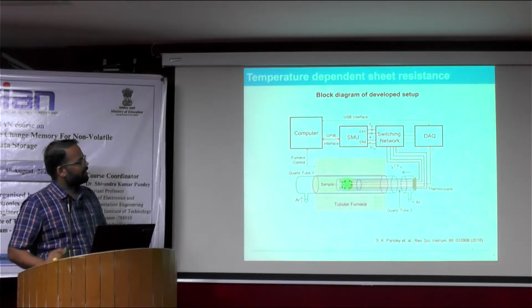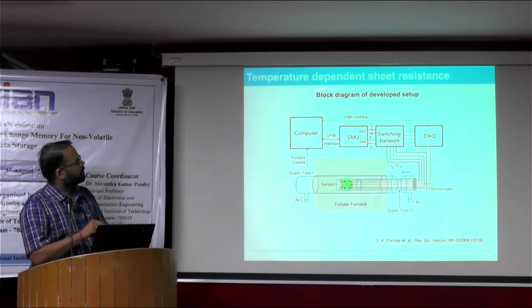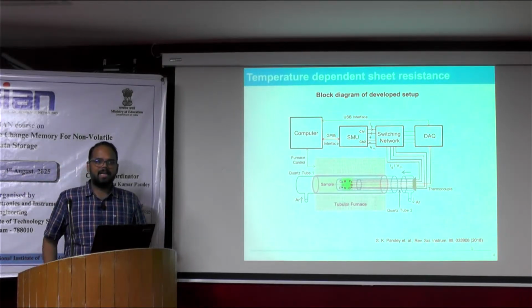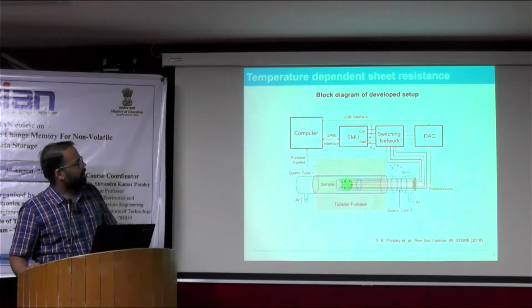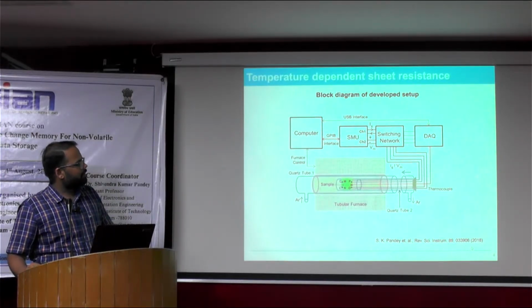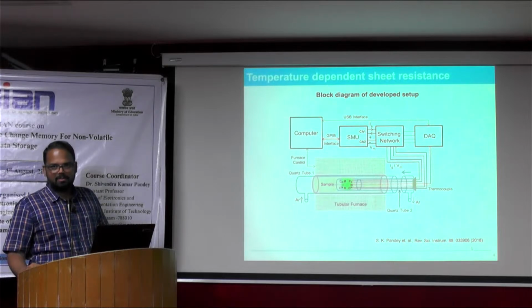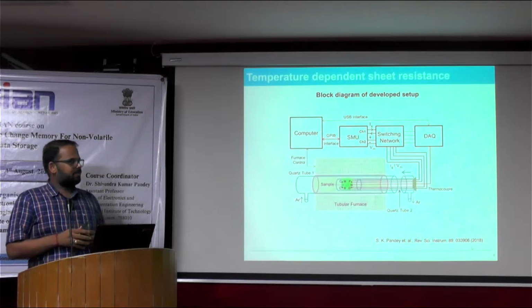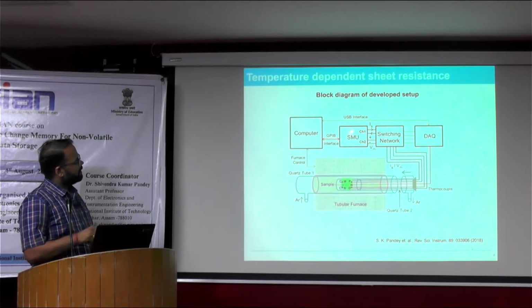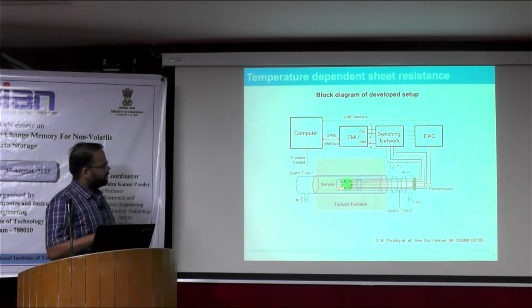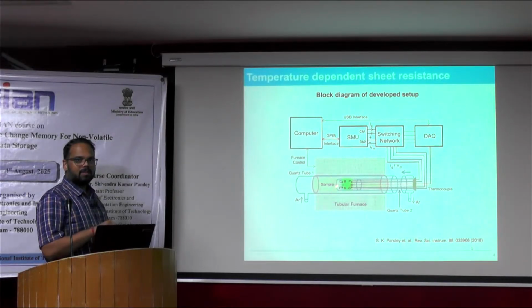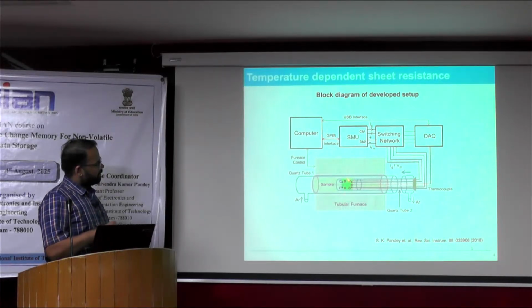This is one of my works, which was earlier reported, for this resistance measurement setup, where we could measure the resistance of a thin film to identify its resistivity. As you can see here, it is a kind of tubular furnace, with a tube in between, and at the center of this setup your sample is placed.